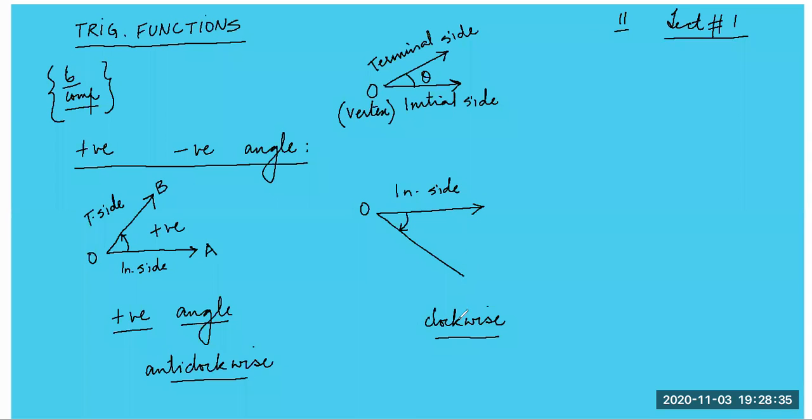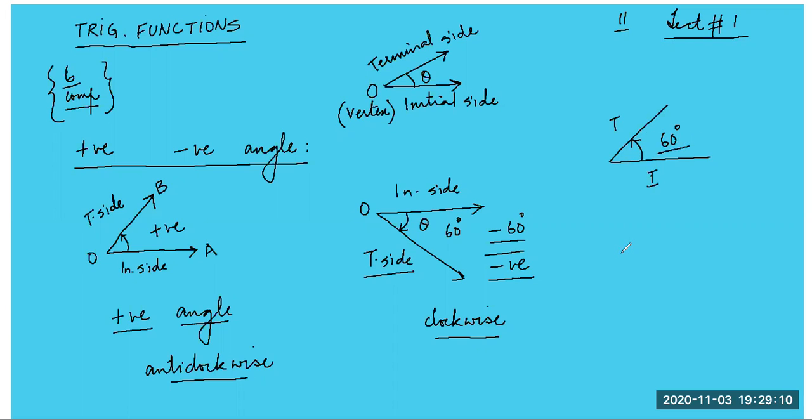And if you take an angle in a clockwise direction with respect to your initial side, and this is your terminal side, right? This theta is negative angle. This is negative measurement. Let's say it's 60 degree. So you will say it's minus 60 degree. But if you take an angle like this is your initial side, and this is your terminal side, if this is 60 degree, you will say this is positive 60 degree or simply 60 degree.